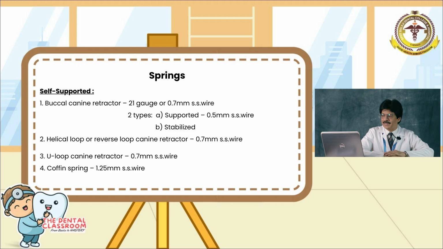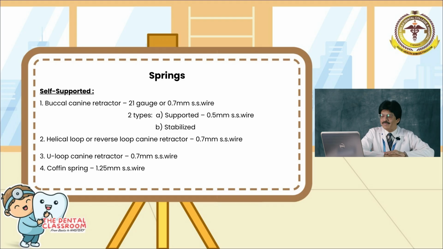For example, if you're going to use a buccal canine retractor and you want to stabilize it, then from the distal arm, you can use a wire and solder it to the bridge of the Adams clasp, so that it is a little bit stabilized.